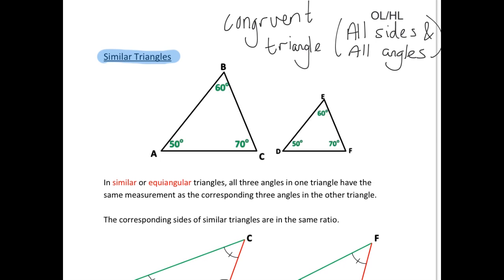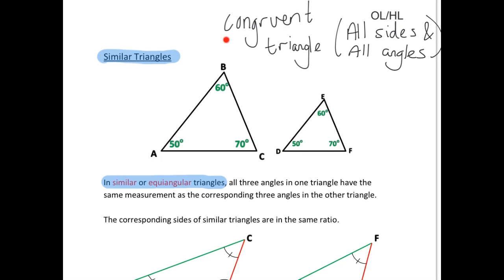But in the case of similar triangles, also called equiangular triangles, all three angles in one triangle have the same measurement as the corresponding three angles in the other triangle, but, and this is the key point, while the angles might be the same, so in this triangle ABC, we have angles of 50 degrees, 60 degrees, and 70 degrees, and in this triangle DEF, we have the same angles, but the lengths are different sizes.